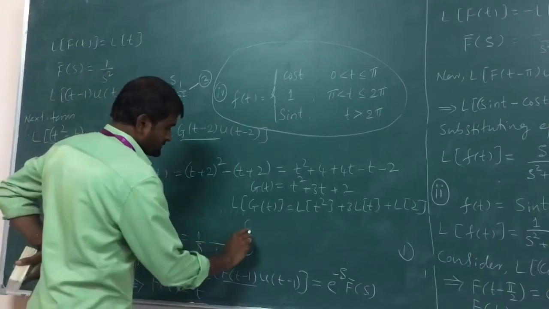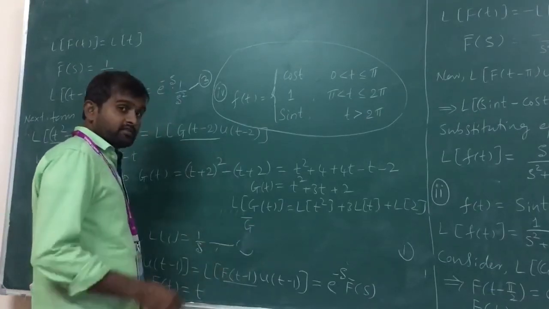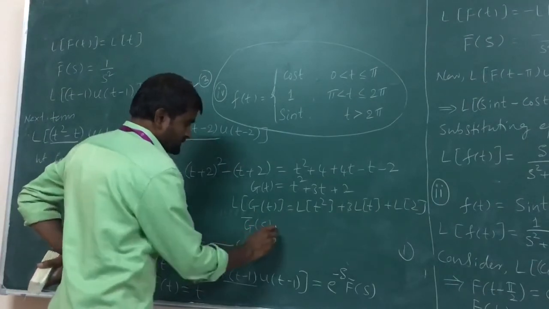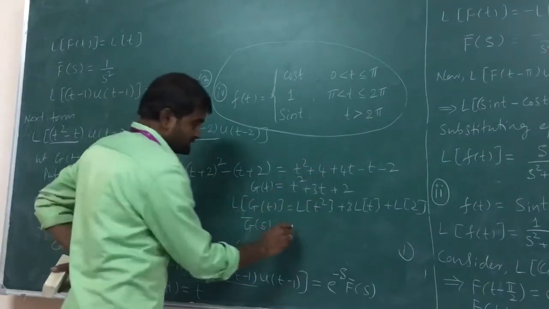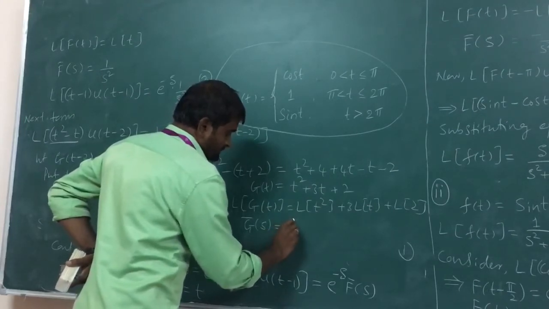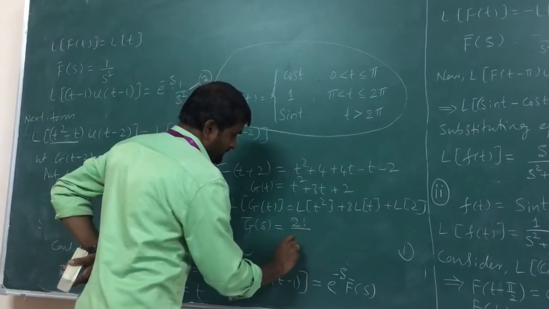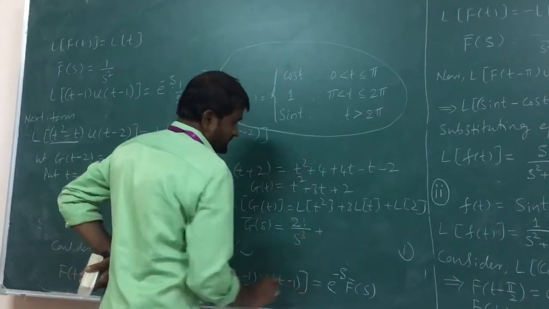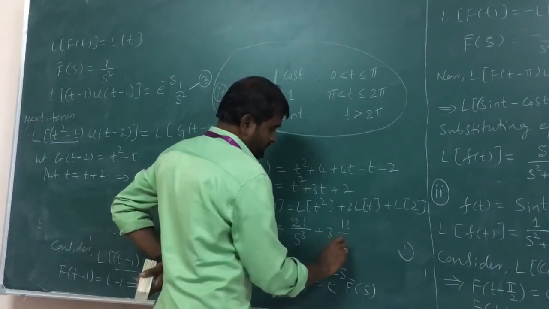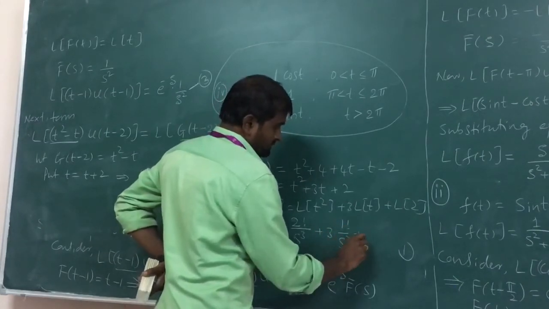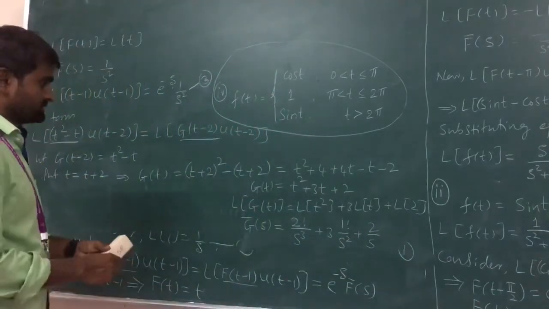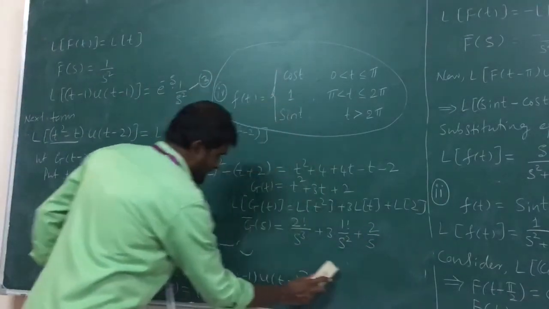So g bar of s equals L of t square, which is 2 factorial divided by s cube, plus 3 into 1 factorial by s square, plus 2 by s.